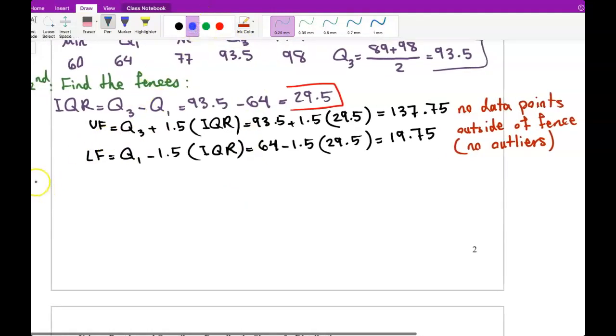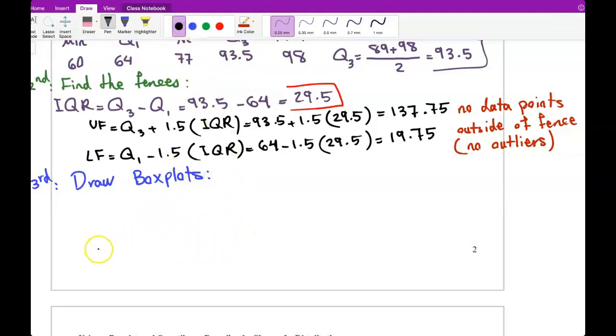Now third step. Now we can draw this. We need a number line.